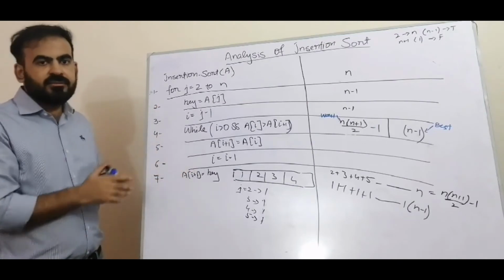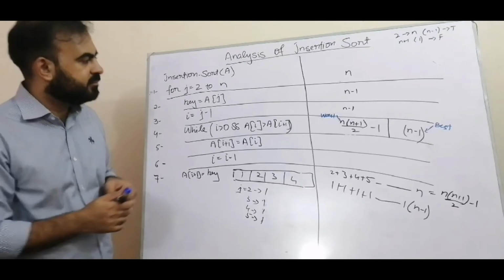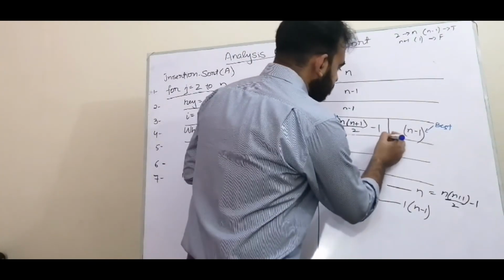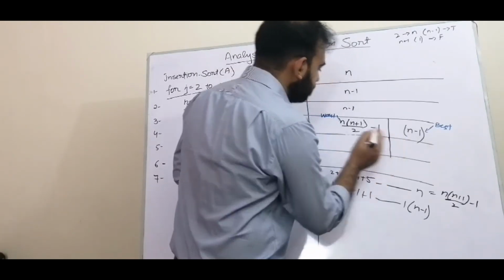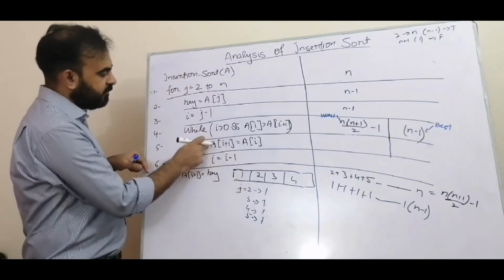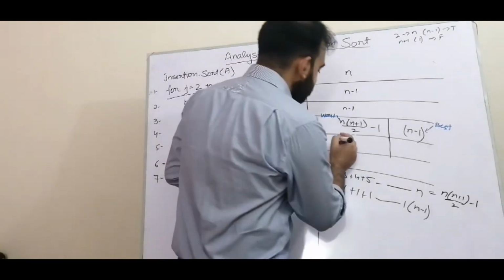First complete the analysis for the worst case and best case, then we will see what will happen in the average case. So we know that the inner statements which are in a particular loop will execute one less time.